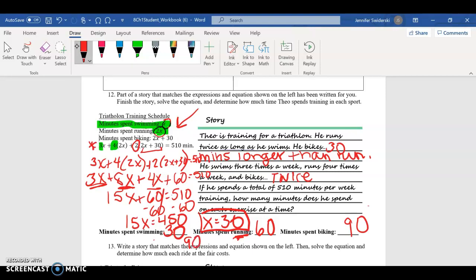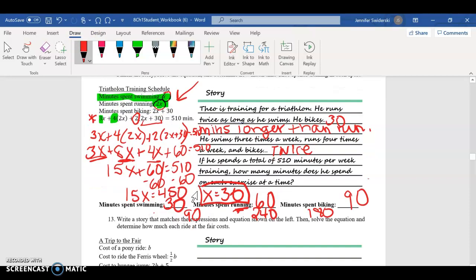Here, he did it 4 times. So 60 times 4 is 240. And he spent 2 times on the bike, right? So 90 times 2 is 180. So now if I add those together, 180 plus 240 plus 90, you're going to get 510 minutes. Okay?